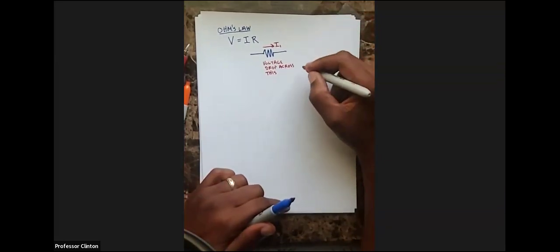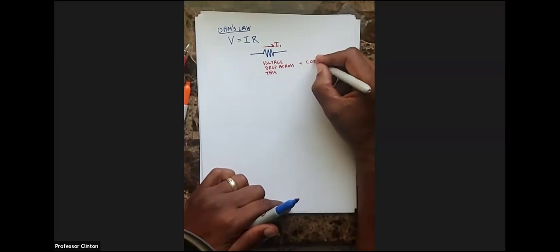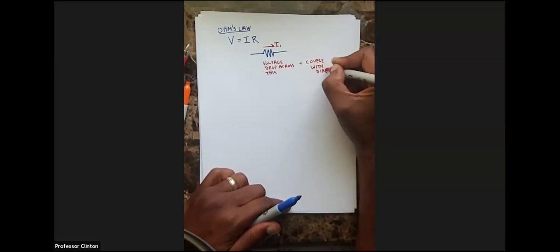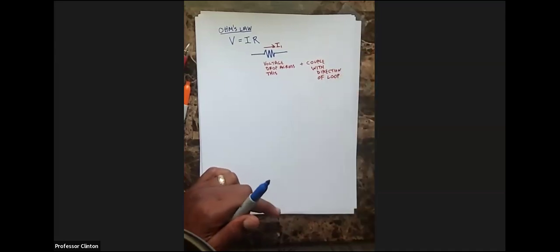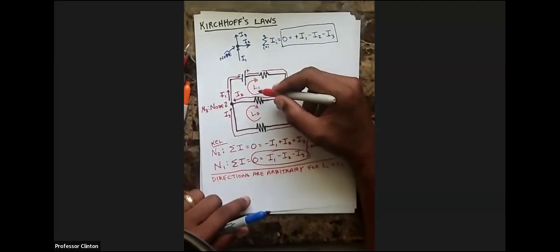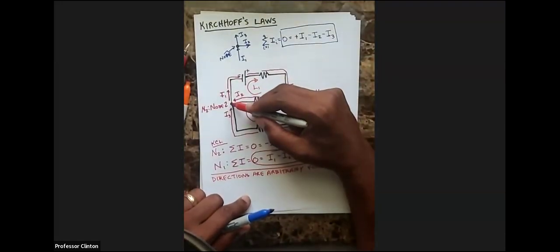Now, we're going to couple that with the direction of our loop. What does that mean? That means that as we go around this loop, maybe we'll start here.